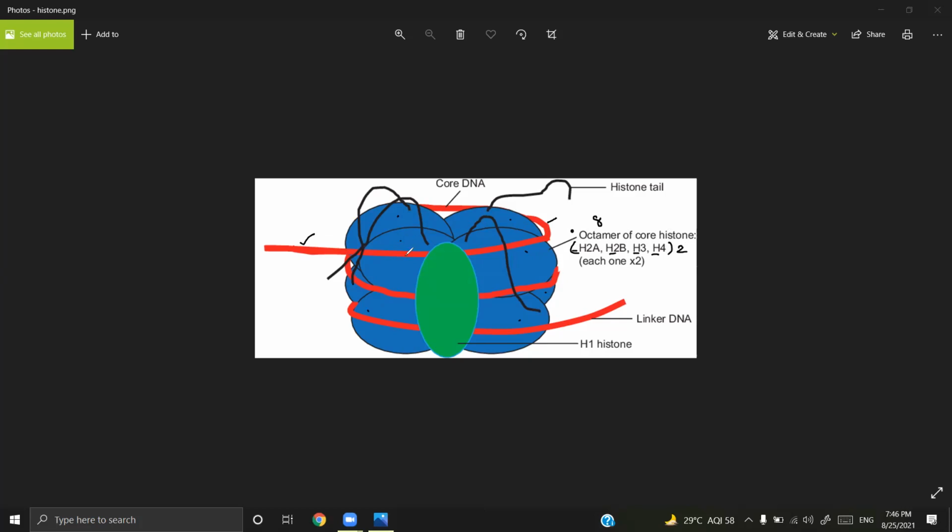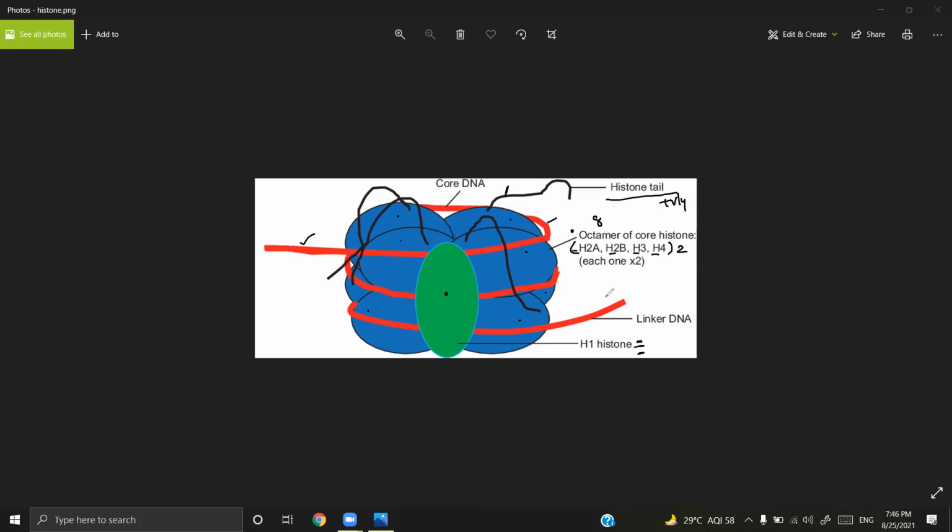And you can see there is a histone protein here called H1 histone, which is going to seal this structure. I'll come to those details also, but I want you to remember that there are histone proteins which help in coiling the DNA because of their positive charges. And you can see these black structures hanging out. These are also the histone tails which are positively charged.